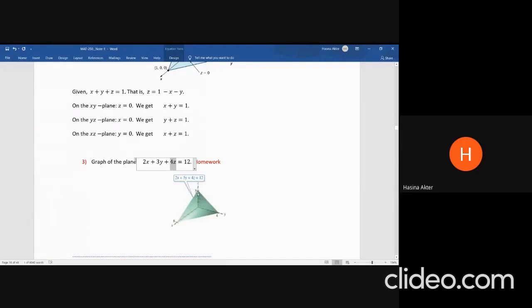Do you understand that? If this plane crosses the zx plane, then y becomes negative. If it goes under the xy plane, then z becomes negative. Though it does not touch the z-axis, it goes to the octant where z is negative. Similarly, if it crosses this plane, then x becomes negative.